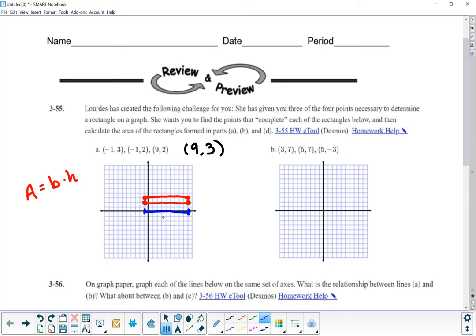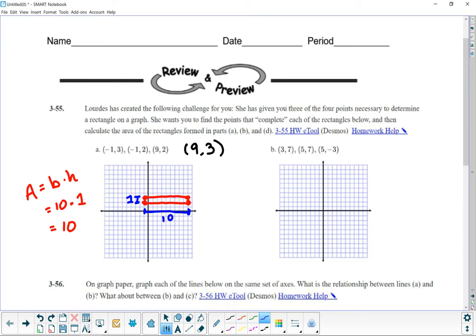So that right there comes out to be 10. So I'm going to say the area is equal to the base, which is 10, times the height. And if you count, the height is from here to here, or 1 unit long, right? So the height is 1. So it's 10 times 1, or the area is going to be 10. Okay, so that's the letter A for number 55.